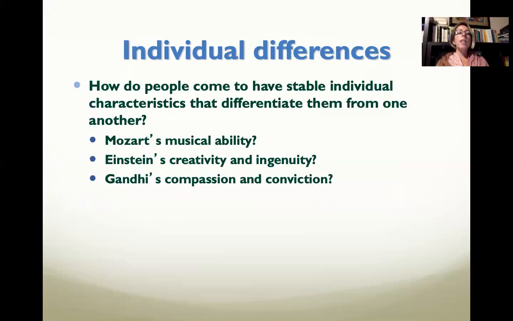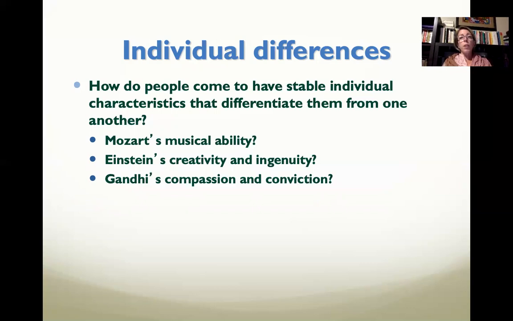Okay, and then the last central question here is individual differences. And this is where we talk about how individuals become different from the others around them. We've used this to try to understand amazing folks, but also really horrible folks, right? What's up with Mozart's musical ability? How did he develop that?